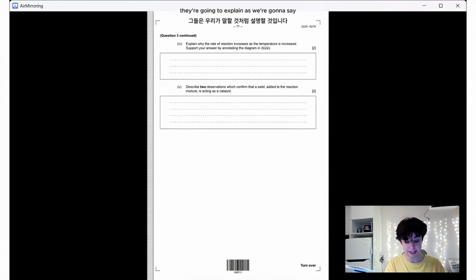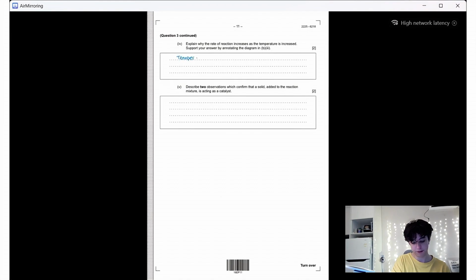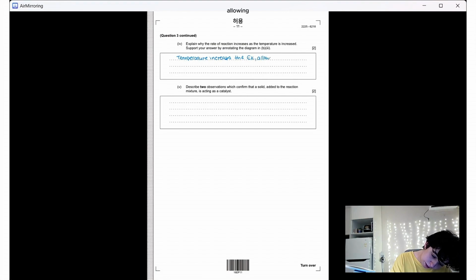Then we're going to explain: the temperature increases the energy, allowing for more EK greater than EA.